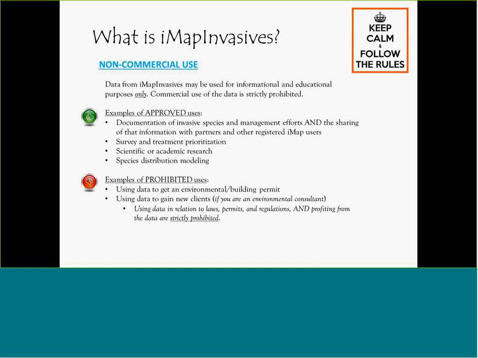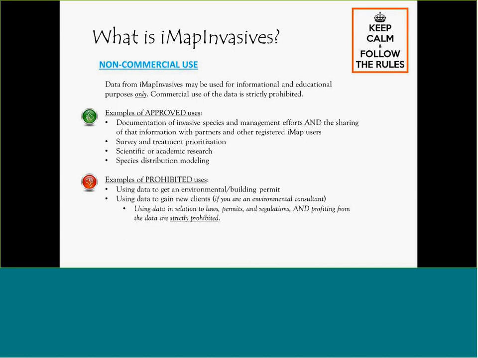Some examples of approved uses when you use iMap are the following. Documentation of invasive species and management efforts, and the sharing of that information with partners and other registered users. So you're finding invasive species and managing them, and documenting that information is one of the main goals of the program, so we encourage that.